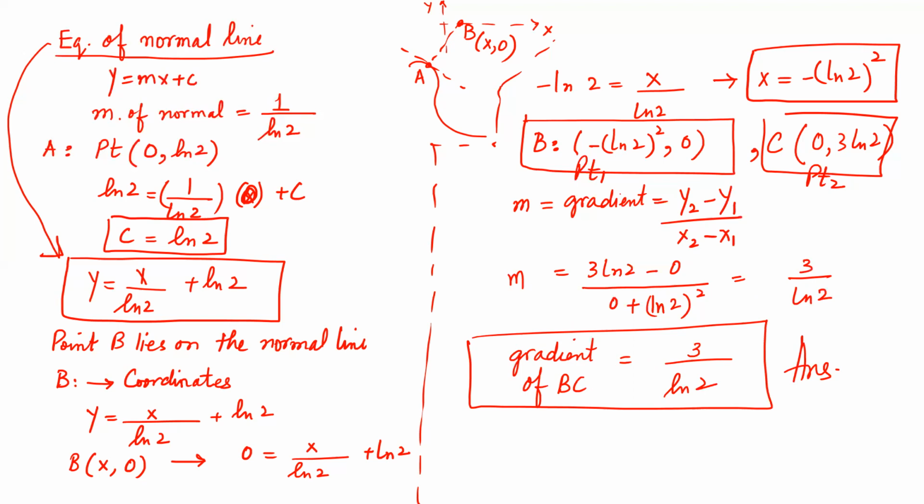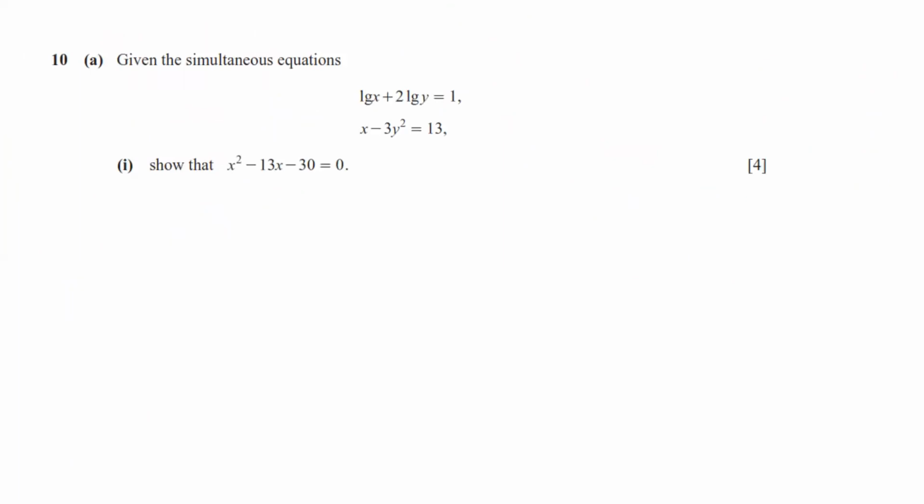Okay, so next question, question number 10. It says, given the simultaneous equations, show that x squared minus 13x plus 30 equals 0. Let's try to solve it. We are given these two equations in terms of logarithms. Let's call this equation 1 and this equation 2.